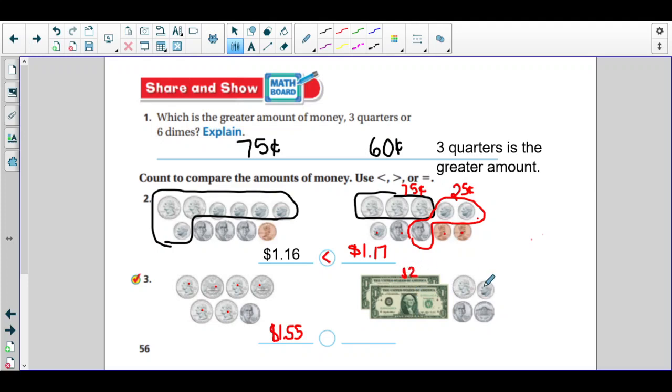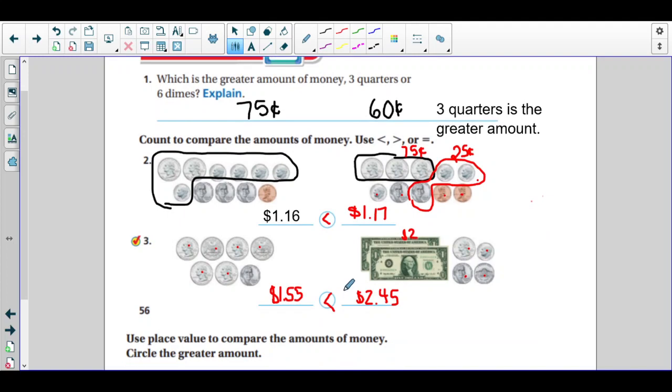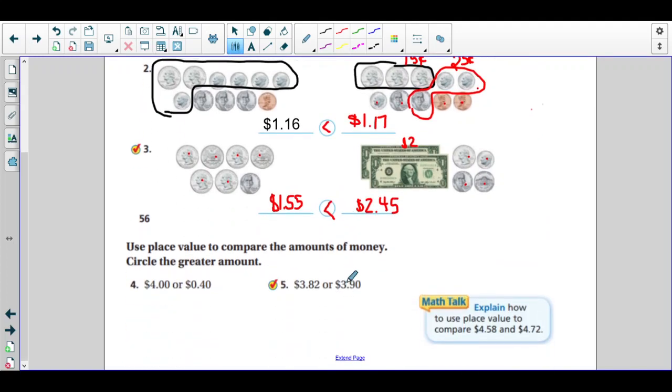So $2. Then I've got 25, 35, 40, 45. So $2.45. All right. And clearly $1.55 is less than $2.45.